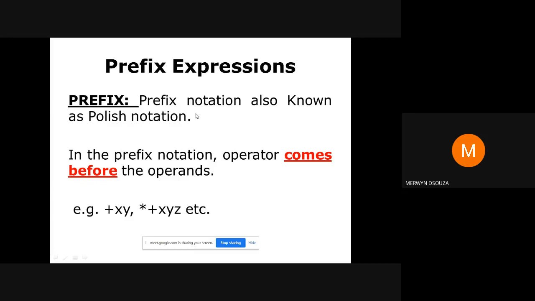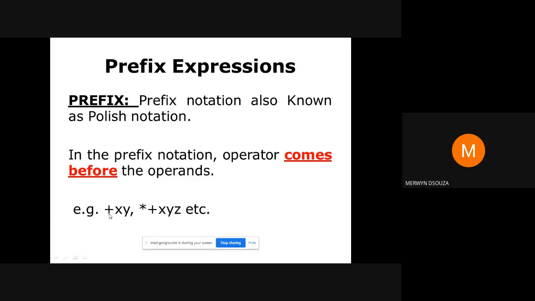Prefix notation is also known as Polish notation. In Polish notation, the operator is placed before the operands. For example, here the operator plus comes first, followed by the operands x, y.